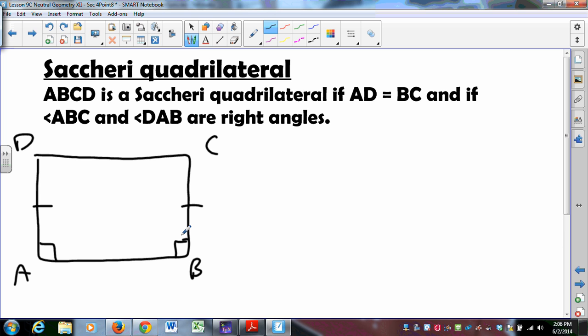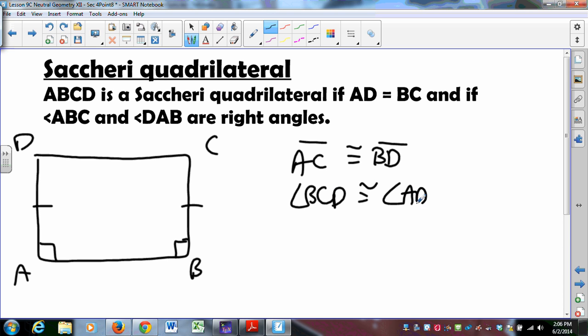Saccheri was able to prove a whole bunch of cool stuff. He was able to prove that the diagonals of his quadrilateral are congruent. That's not hard to do. He was able to prove that the summit angles are congruent. He was able to prove that ABCD is a parallelogram.